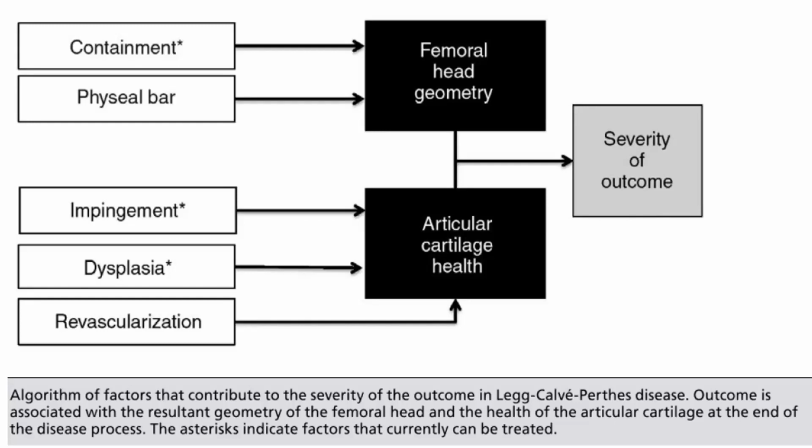If you have a physeal bar, it might block growth, and you will have all the findings I spoke to you about: coxa magna, coxa breva, and you could even have impingement secondary to femoroacetabular impingement. You have dysplasia of the acetabulum, and all depends on when you get the revascularization. If the hip is well contained, and at the proper age, it will remodel to normal.